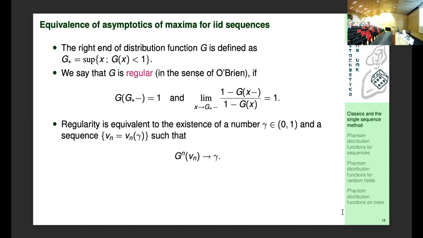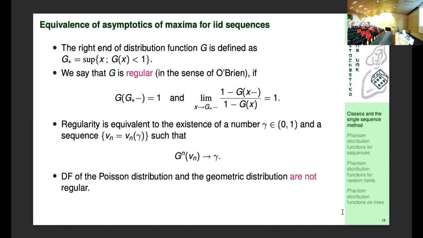Regularity, in fact, those two conditions, is equivalent to the existence of a number gamma such that we have this convergence, and in fact the existence for each gamma of such a sequence Vn and gamma. So this is exactly the thing that we found in our example with super heavy tail.